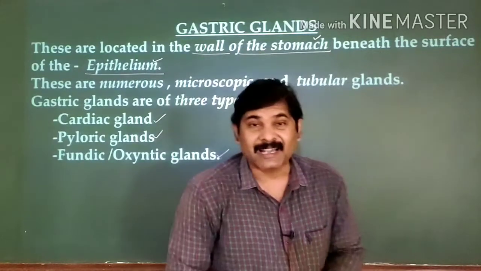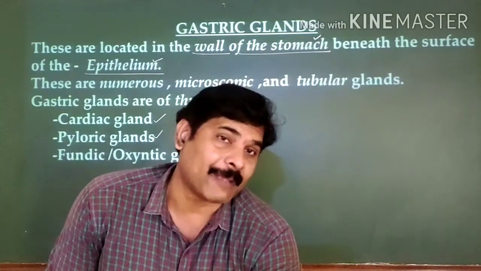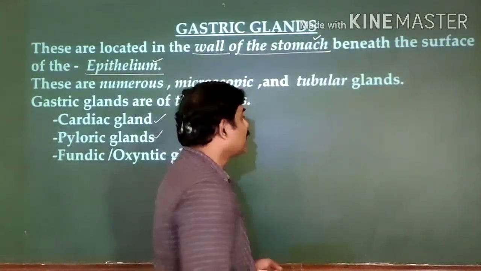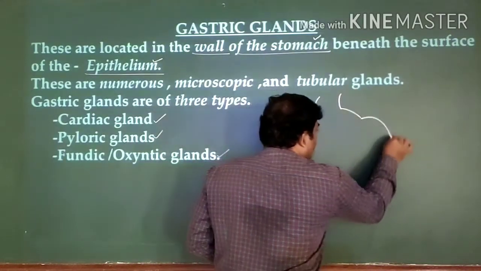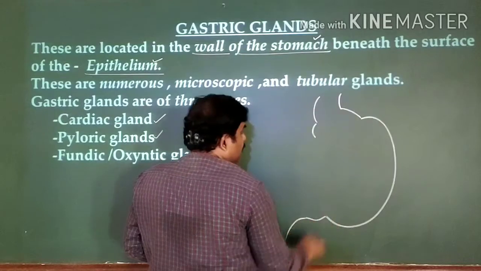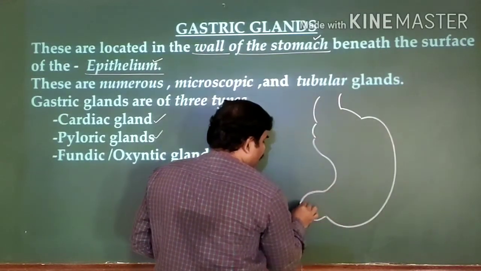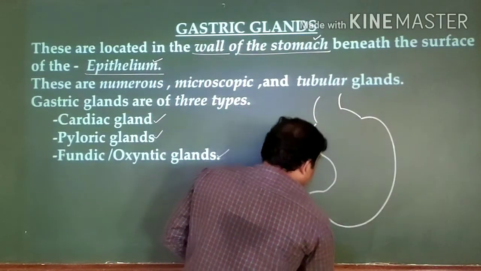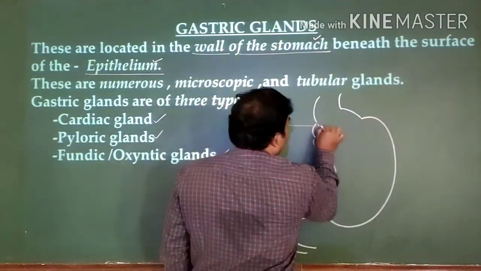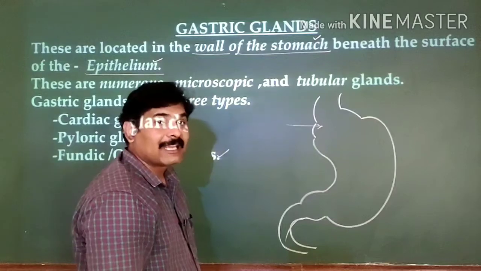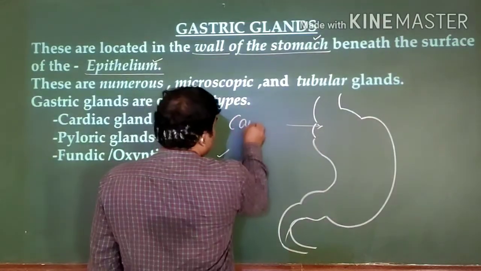What is the reason for giving these various names to these gastric glands? As we already studied the structure of the stomach, it is a J-shaped muscular structure that you know very well, and it has various parts. This is the portion of the stomach which we call the cardiac stomach.